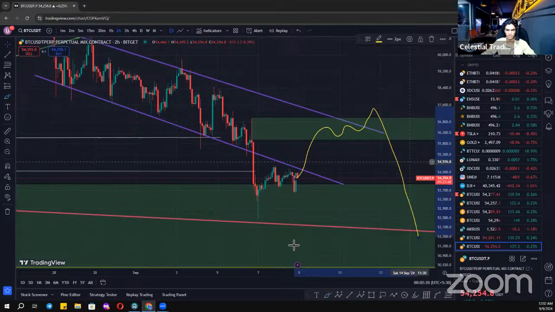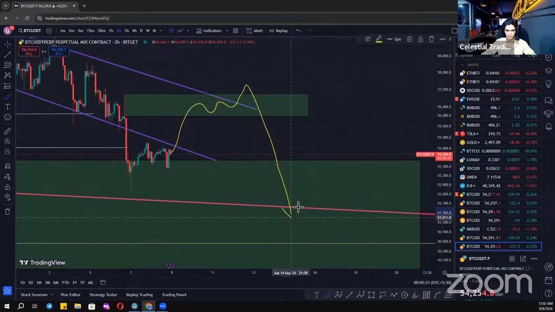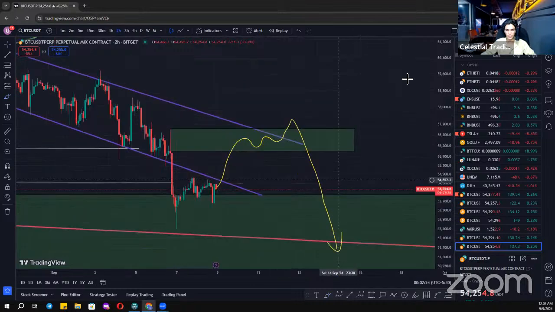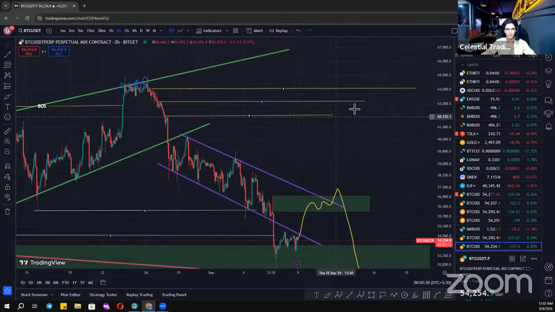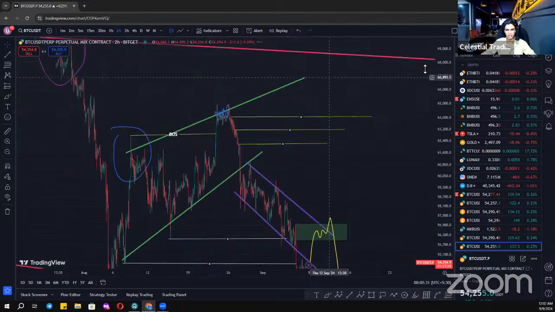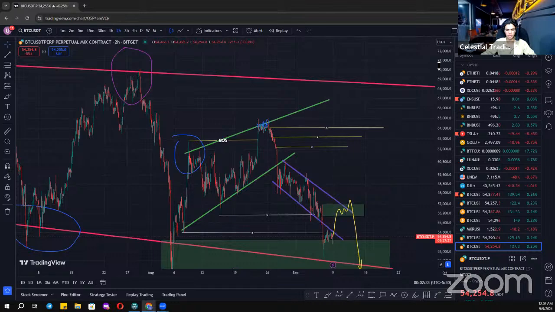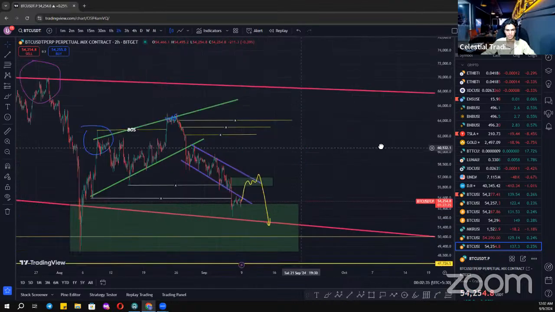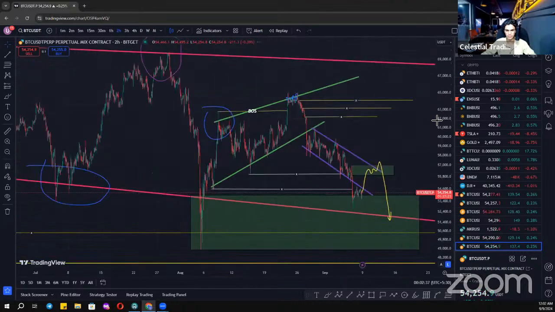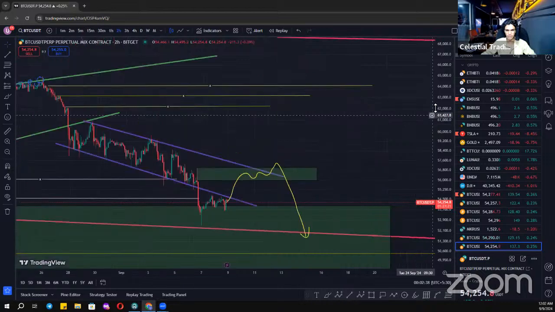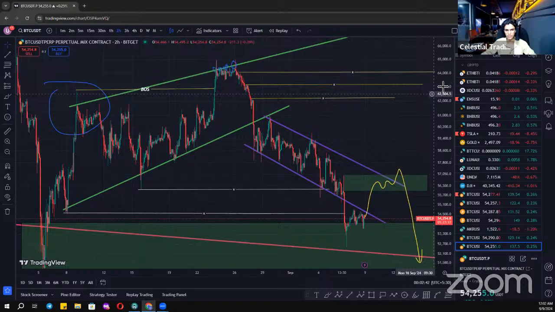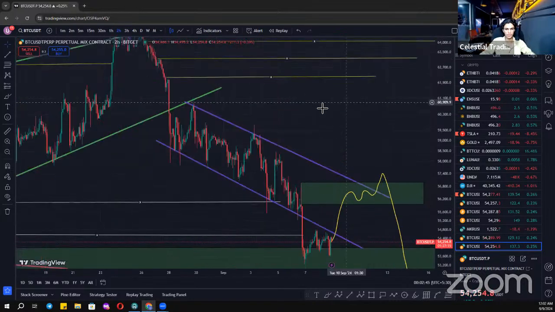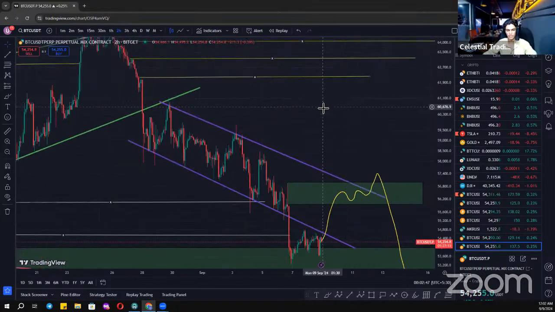Okay, that's all we can do, but we can't expect the market to go higher here. Election is coming, so now we can't expect any pump.